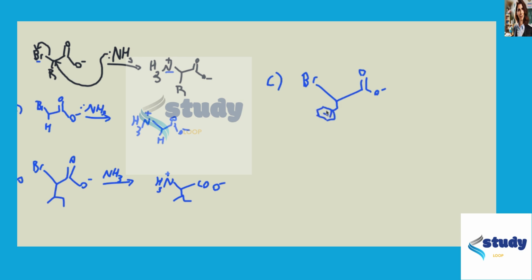Phenylalanine essentially is a benzene ring with one carbon linker. Reaction with excess ammonia gives us now our amino acid phenylalanine.